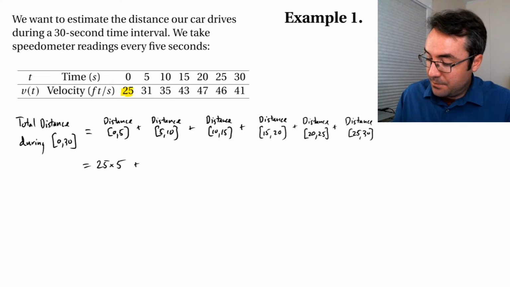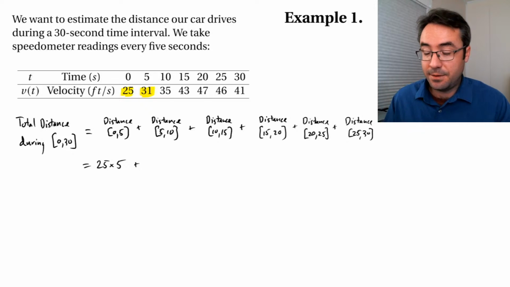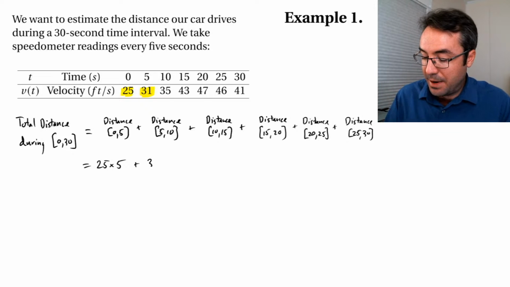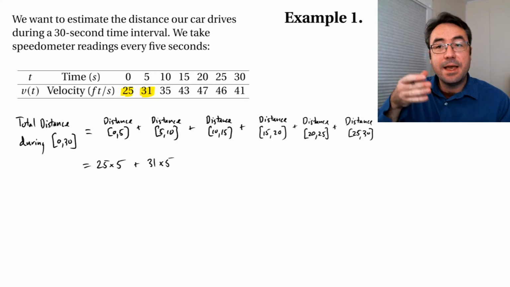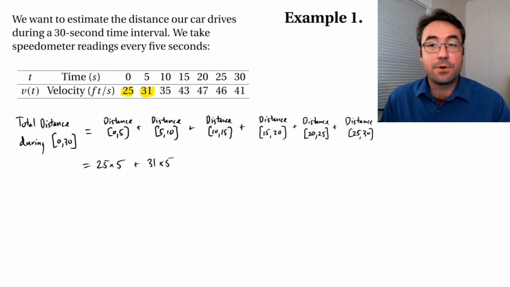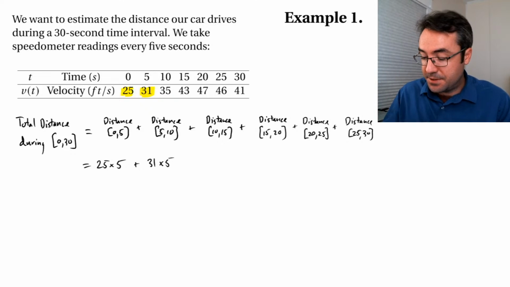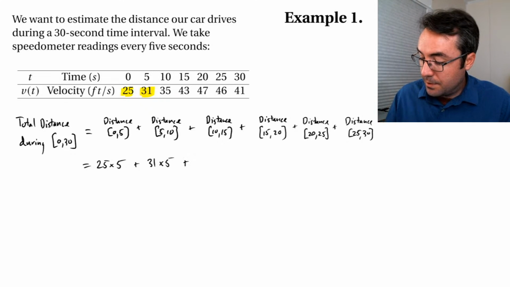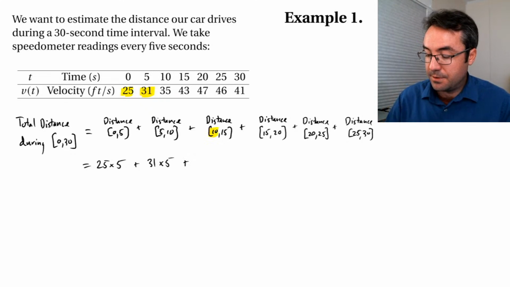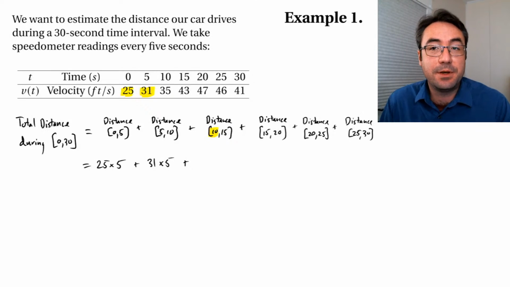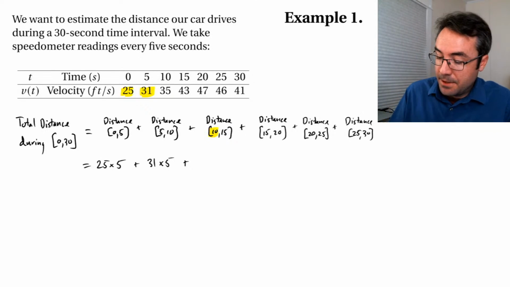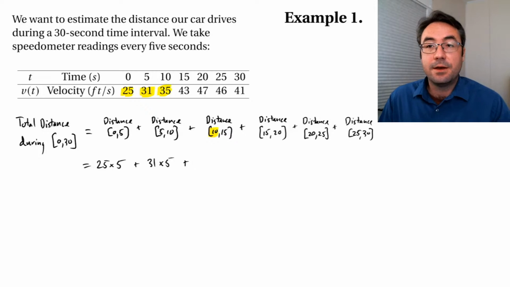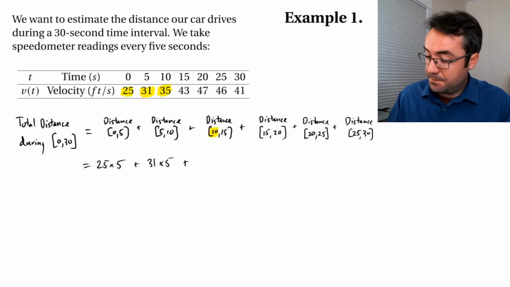Then for the second one, we took the initial reading there, which was 31, multiplied it by the amount of time in that subinterval, again 5 seconds. And so we just keep doing that for the third distance. Here our starting time for this subinterval is at t equals 10. So to find the velocity for that third subinterval, we're going to use 35.